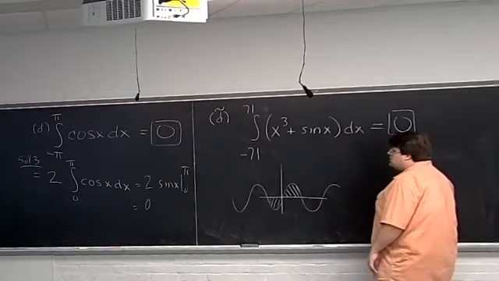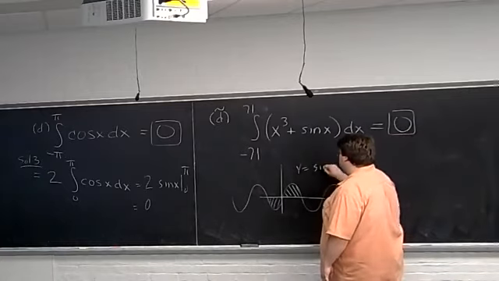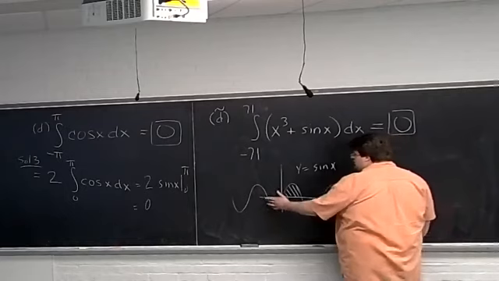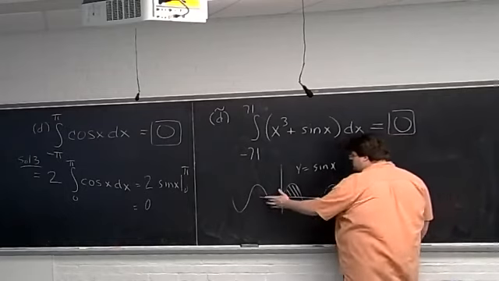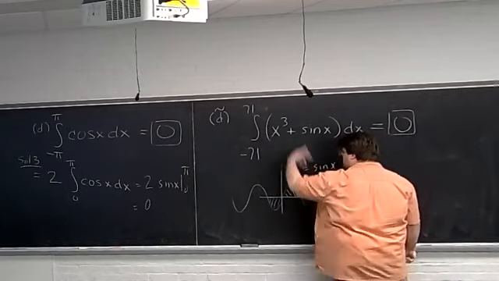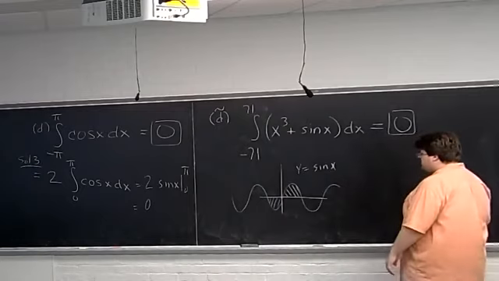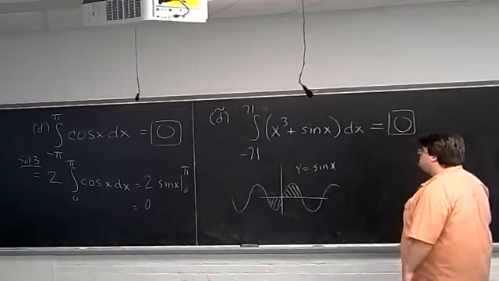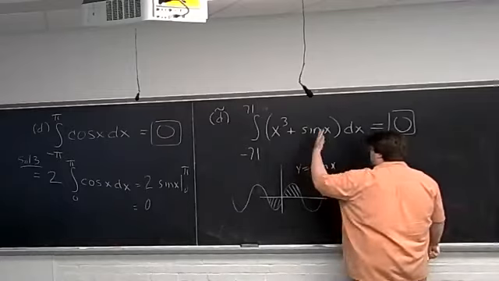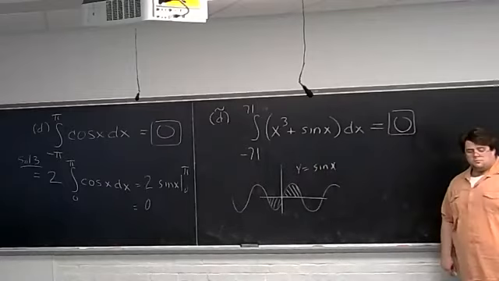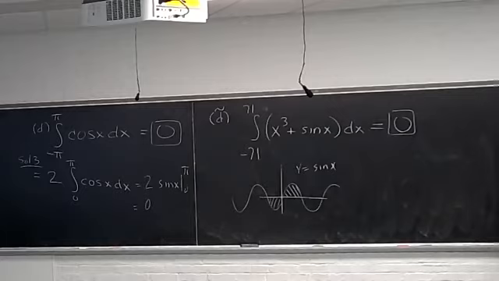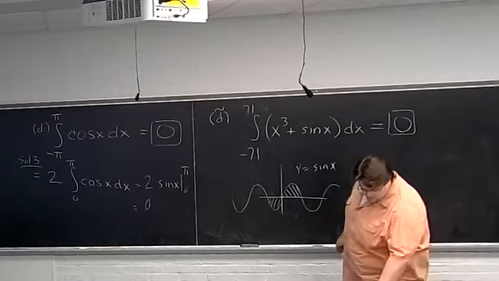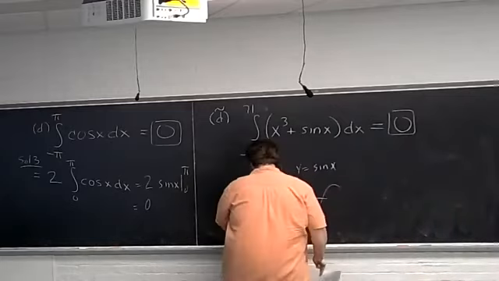So the integral on an interval symmetric about 0, like we have here, would evaluate to 0 because these areas are the same. One's positive, one's negative. Similarly, x cubed is an odd function. So you can do that piece by piece, or you could use the Fundamental Theorem part 2. Any questions about that?